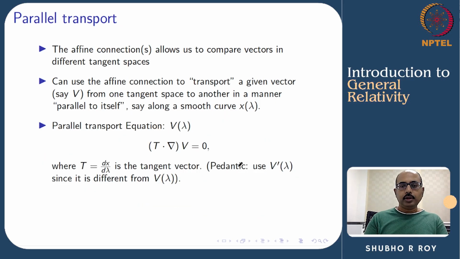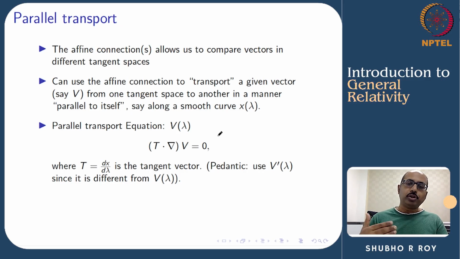All right. So then, parallel transport means that because the vector has been transported parallel to itself, or these two vectors are parallel, the difference between them is zero, right? When we say two vectors are parallel, we mean their components are the same.